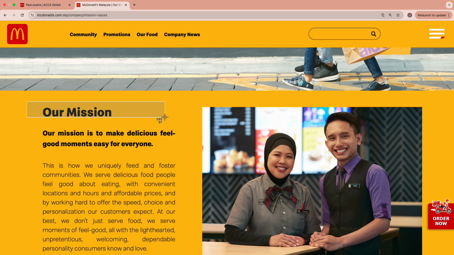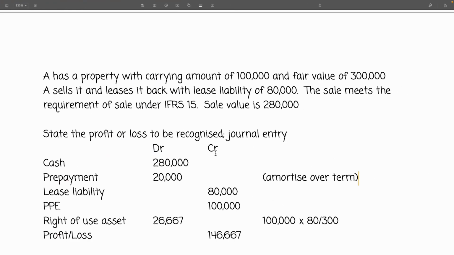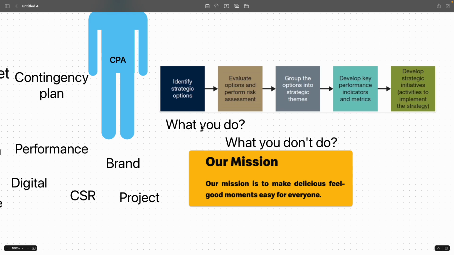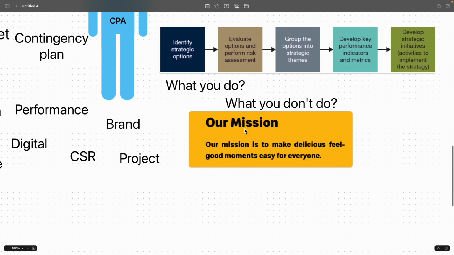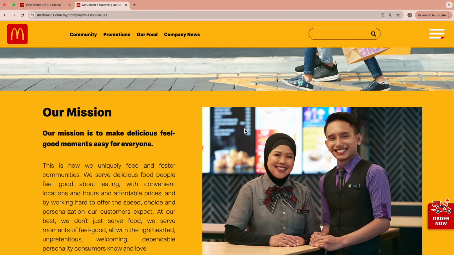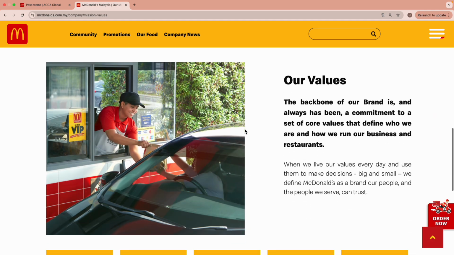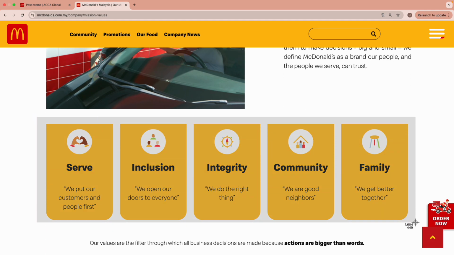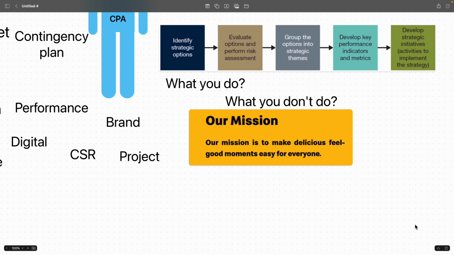So we take this one, our mission. Put it there. Now, this broad mission allows you to have a wider scope of what you do. Wider scope. Some are so narrow, so you might end up doing a little bit only. Got it? Clear? And then you have the values that follow this.